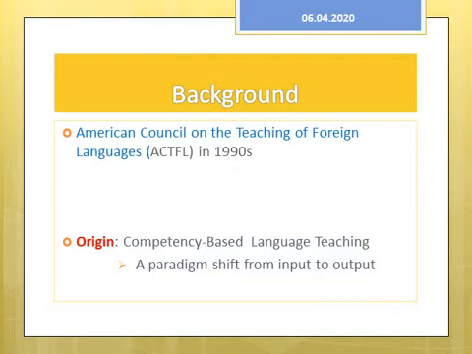Contrary to other methods which spilled much ink trying to prescribe the content and the process of learning by telling teachers what to teach and how to teach it, the standards-based language teaching offered a description of the expected outcomes, a description of skills, knowledge and behaviors which language learners should possess to demonstrate that they have successfully learned the language.